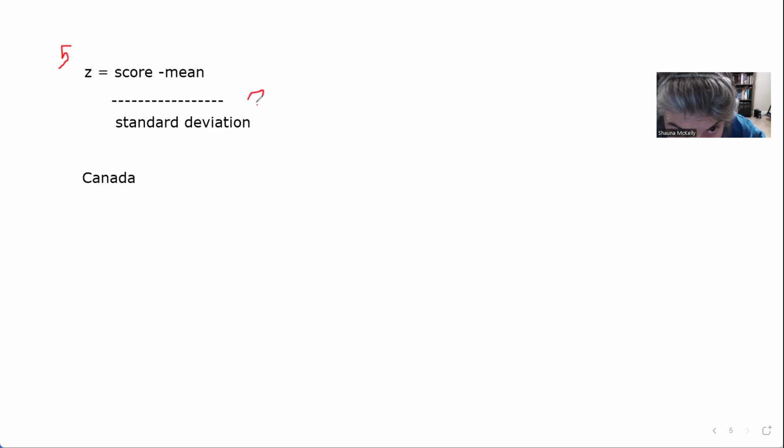So this is going to be z equals x minus mu, x minus x bar. That's a minus. I know it doesn't look like it, but it is. Over s.